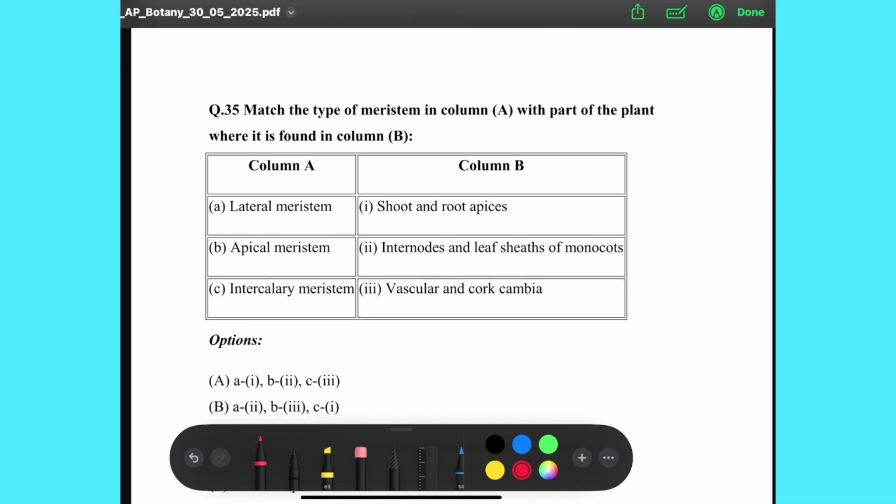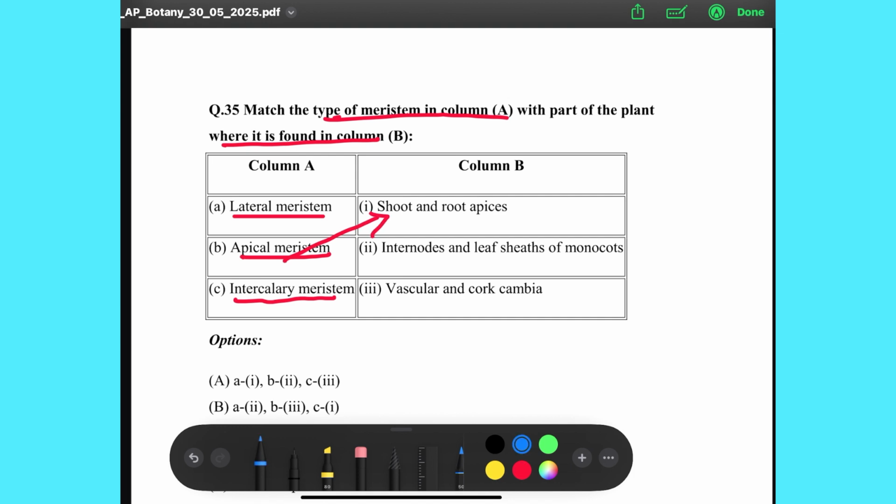Move to question number 35. Match the type of meristem in column A with the part of the plant where it is found. This is very interesting and very important. Lateral meristem, apical meristem and intercalary meristem. As you know, apical meristem will be at the apical region of shoot and root. So here it is sorted.